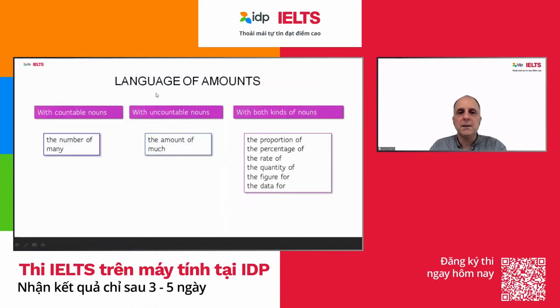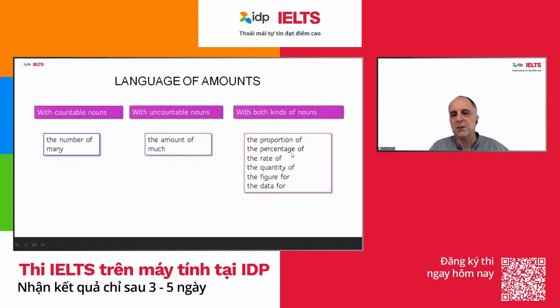Now, remember with the language of amounts. So for this, the number of and many with countable nouns, uncountable, amount of, and much. Be careful with much as well. It's usually used in the negative. Now, instead of saying the number of many, many, many times or the amount of, we can use these as kind of synonyms, okay?